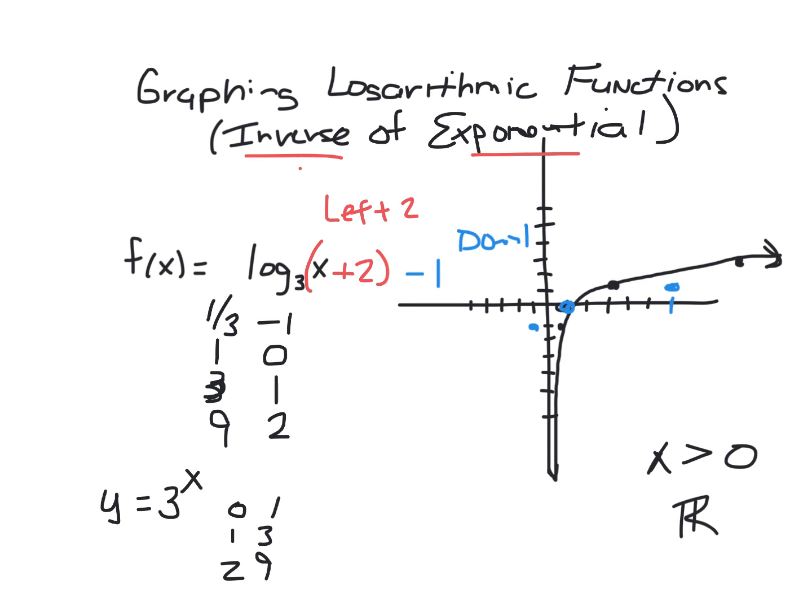Okay, this graph is going to get closer and closer to -2 now, and it would look like this. The domain of this one then would be x has to be greater than -2, and the range would be all reals because it is extending infinitely up and infinitely down.